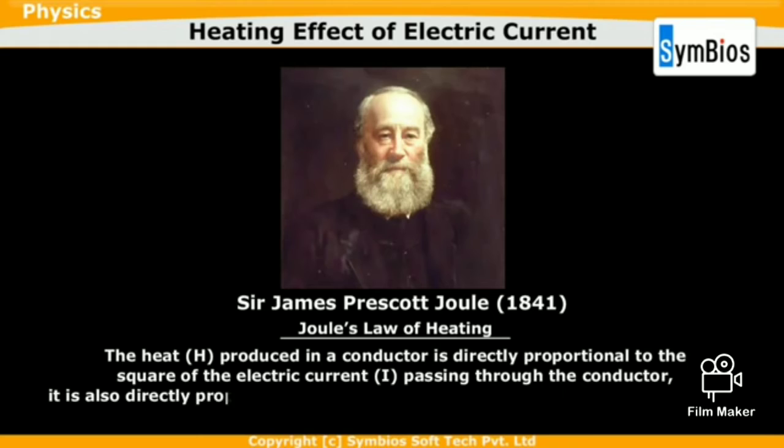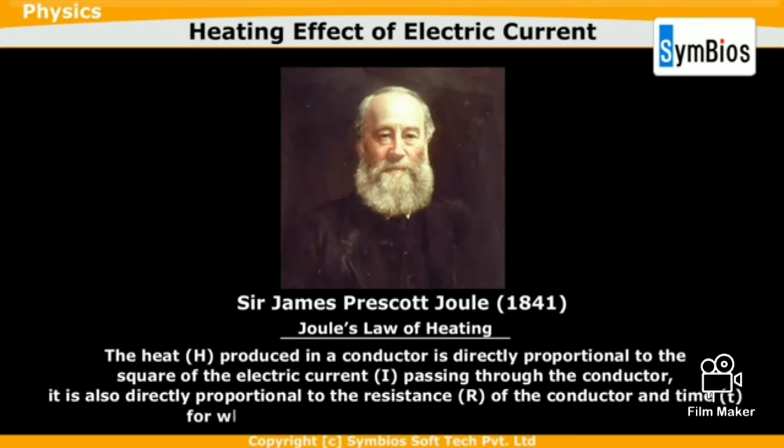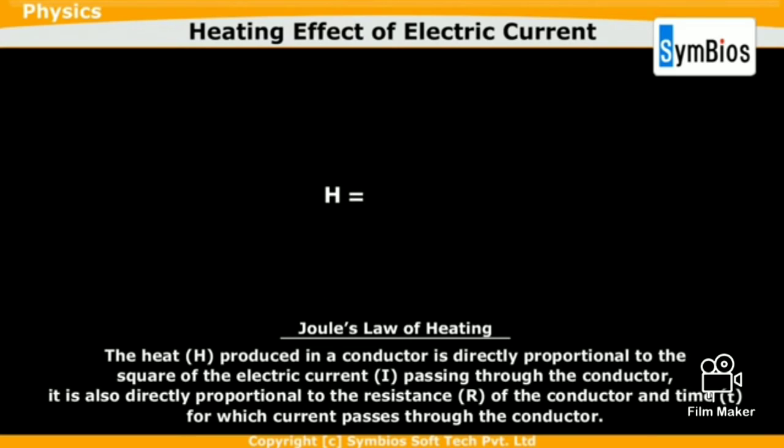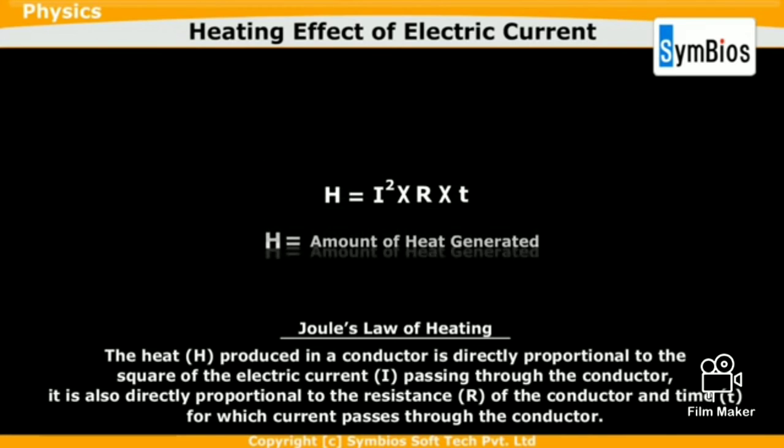It is also directly proportional to the resistance R of the conductor and time T for which current passes through the conductor. It is given by the expression H = I² R T, where H gives us the amount of heat generated.